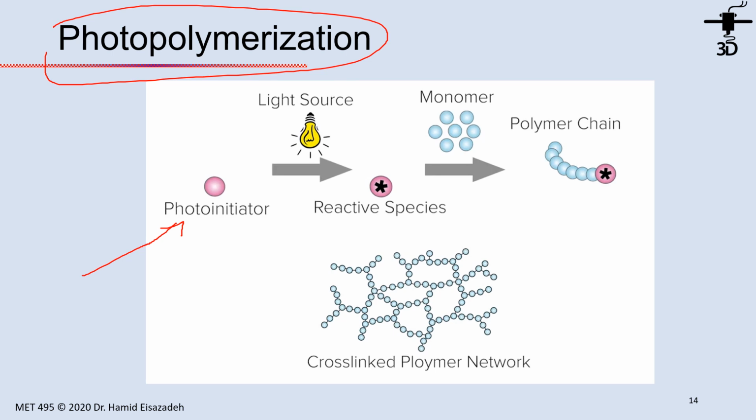Each photoresin has this initiator, and this is a specific molecule that reacts with the light, and it gets the polymer chain forming. So when it is exposed to light, we can have a chain of polymer. The light is going to be in the UV wavelength.